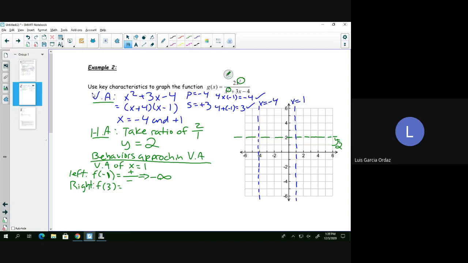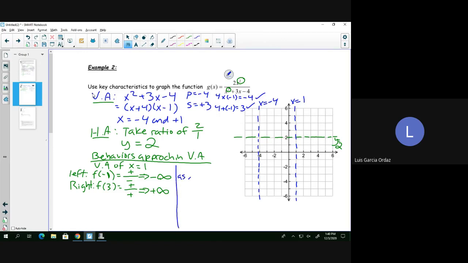So we're going to use f at 3 because it's to the right of 1. Our numerator is going to be positive, obviously, and our denominator, is it going to be positive or negative? It's going to be positive. So that means this approaches positive infinity. Before we go to negative 4, let's write our statements down.